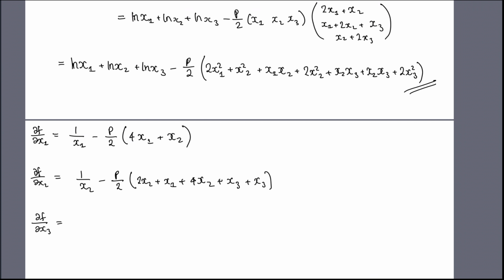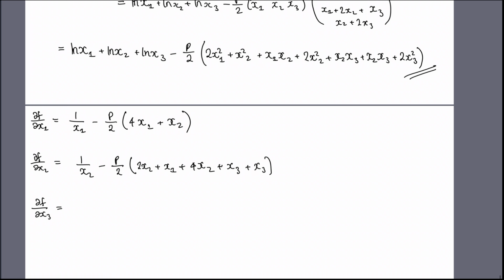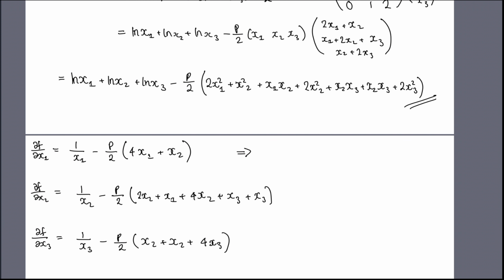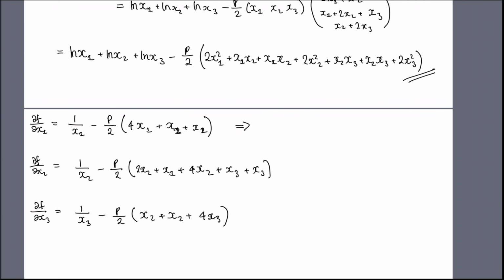And partially differentiating with respect to x3 gives us 1 over x3 minus rho over 2 brackets x2 plus x2 plus 4x3. Cool. I've just realised that this should in fact be x1 plus x2, sorry, plus x2. Other than that, I believe everything is correct.